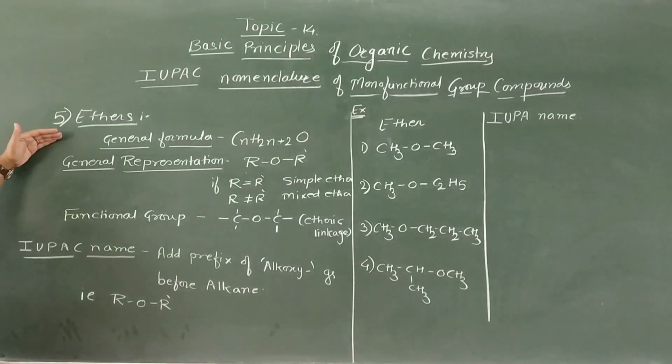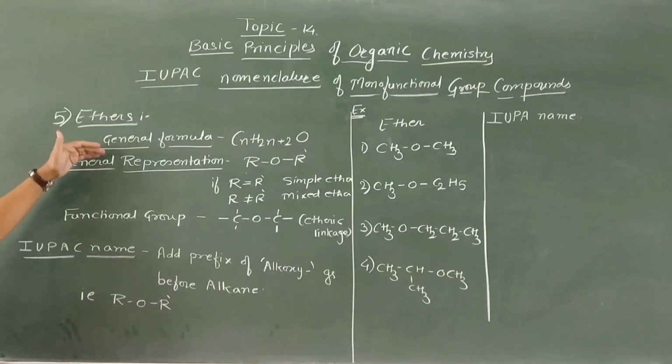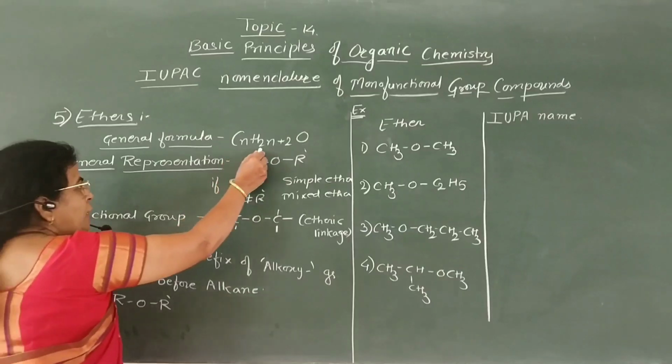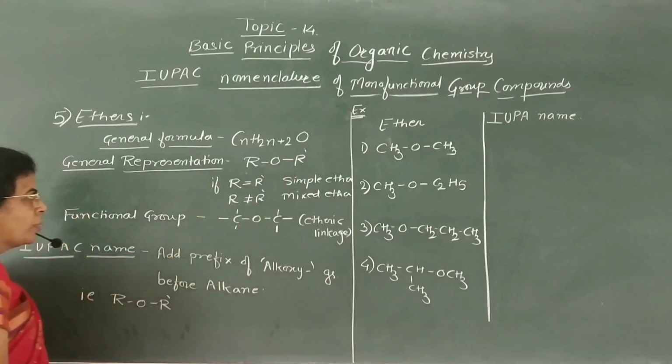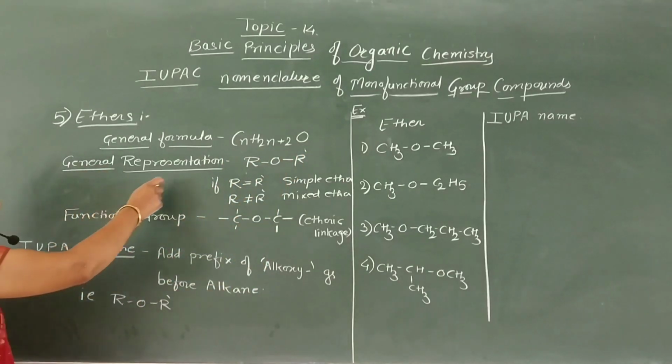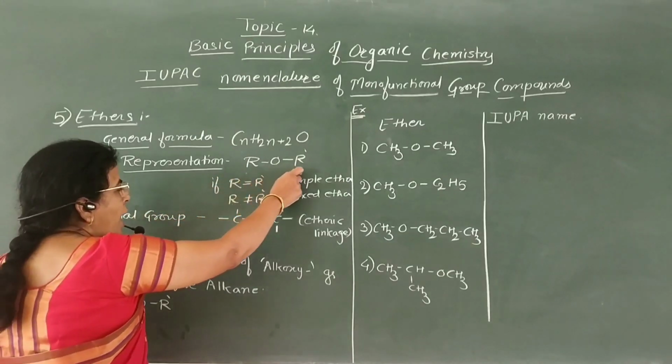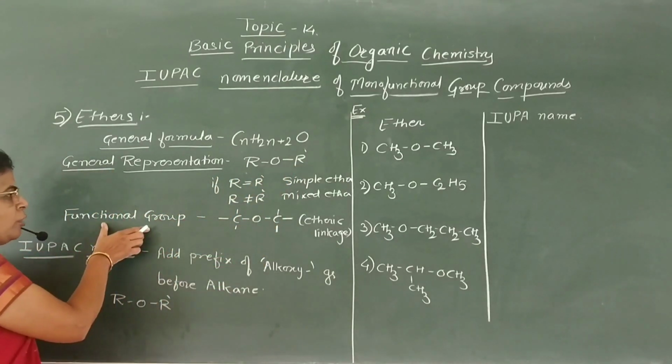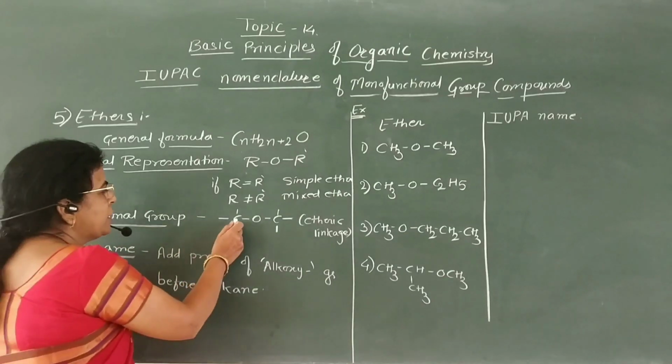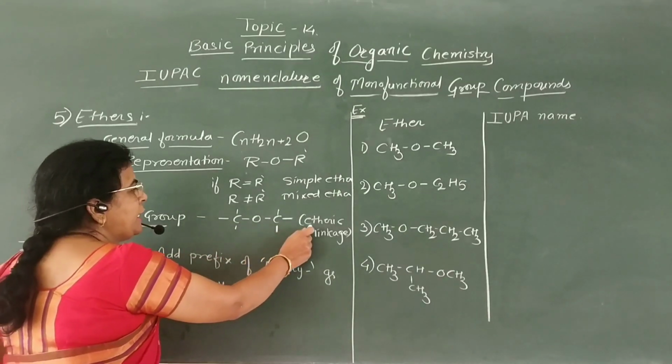Here the general formula of ether is CnH2n+2O. The general representation of ether is ROR'. That is, the functional group of ether is C-O-C, the etheric linkage.